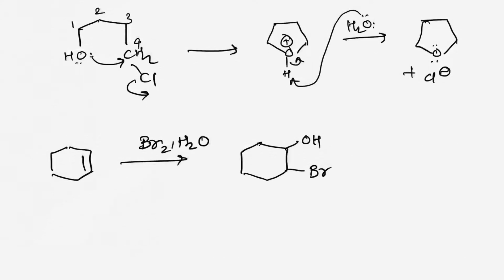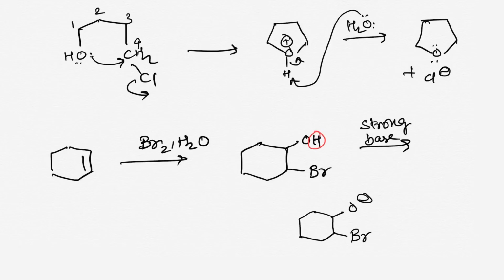Now, when you subject a halohydrin to a strong base, what ends up happening is the base grabs this particular proton and really creates an oxygen with the negative charge on it.